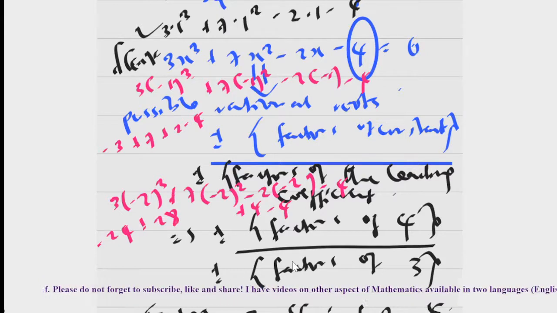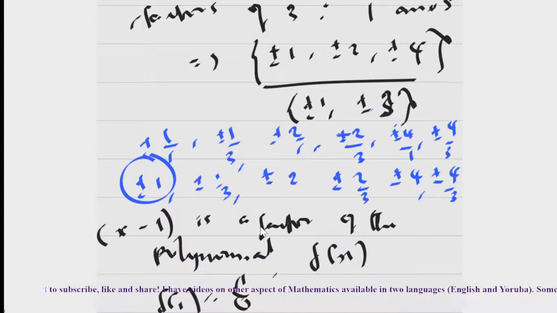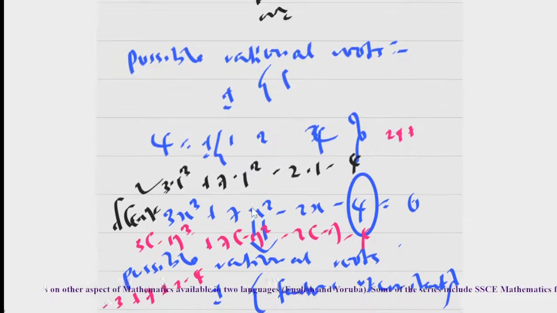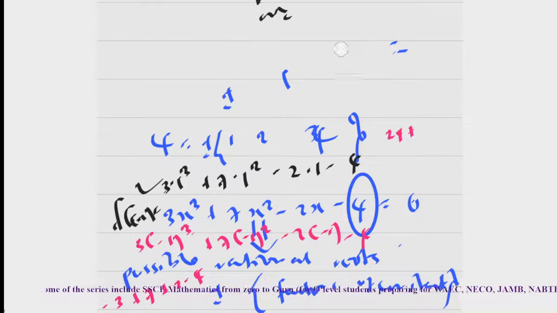Okay, now you check with 1 over 3 too. I think that should be true. Let me just clear this so that we can see it properly. I just want to show you that one of all these possible rational numbers will be one of the roots. Okay, let us try it.